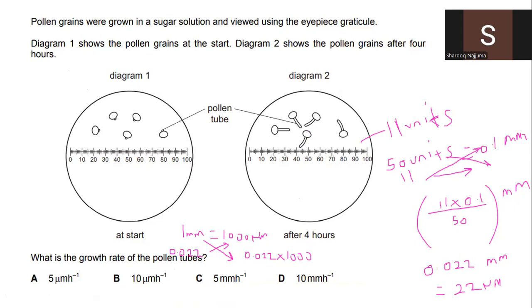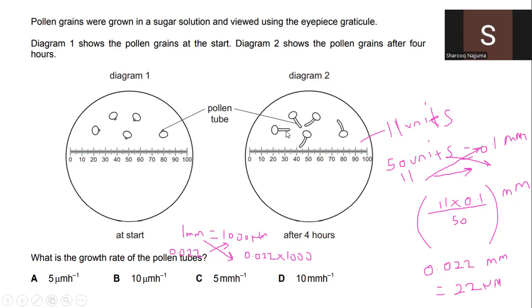Here we have been looking at just calibrating an eyepiece graticule, but now they're asking us for the growth rate. Remember, whenever we mention rates, time comes into mind. If you look at this pollen tube, it took 4 hours for it to grow.